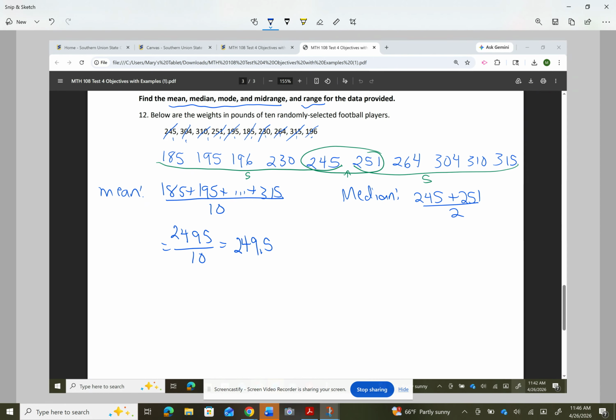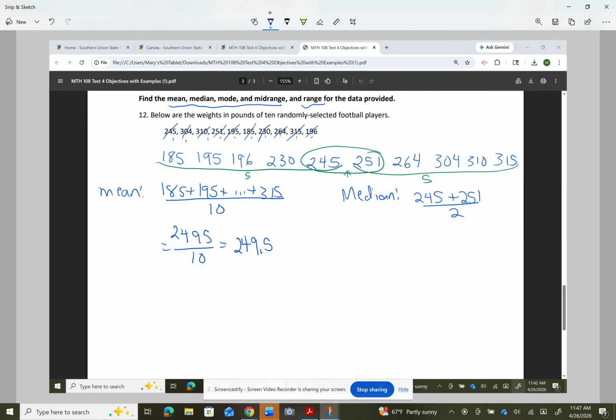Now, try typing that in because people don't get the right answer on this sometimes. If you're not careful, with the calculator I typically use, which doesn't allow me to type it so it looks like that, you might get 370.5, which can't possibly be right. The mistake is that you have to add the 245 plus 251 and hit enter before you divide by 2.